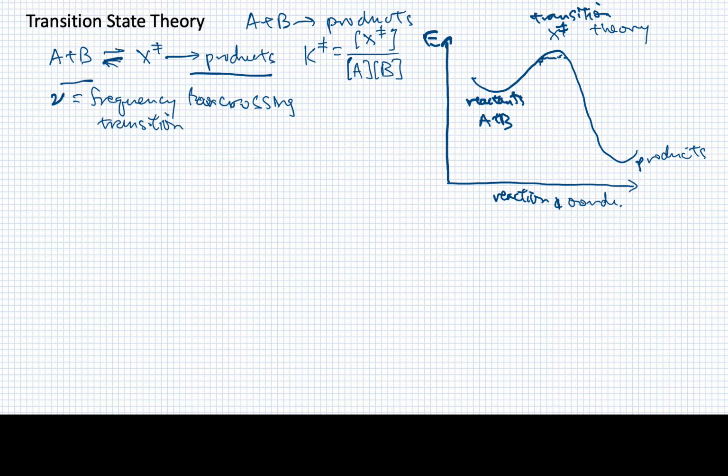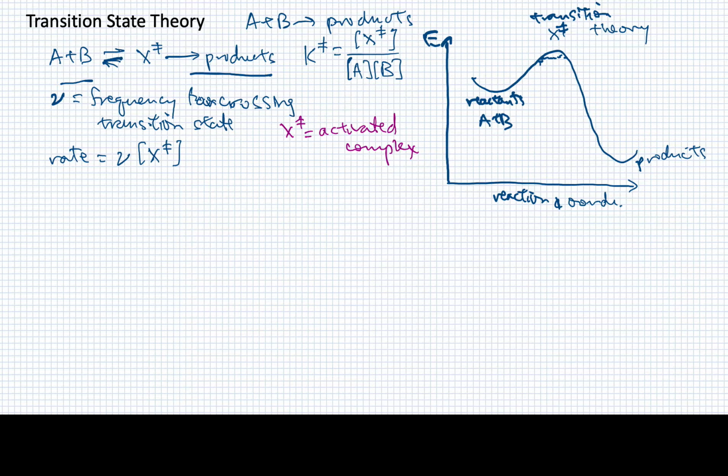And that being the case, we can define the rate for this reaction as being equal to this frequency for transiting the transition state times the concentration of things that are at the transition state. So this frequency is really relevant to this activated complex, and I should make a special designation here: X is the activated complex.